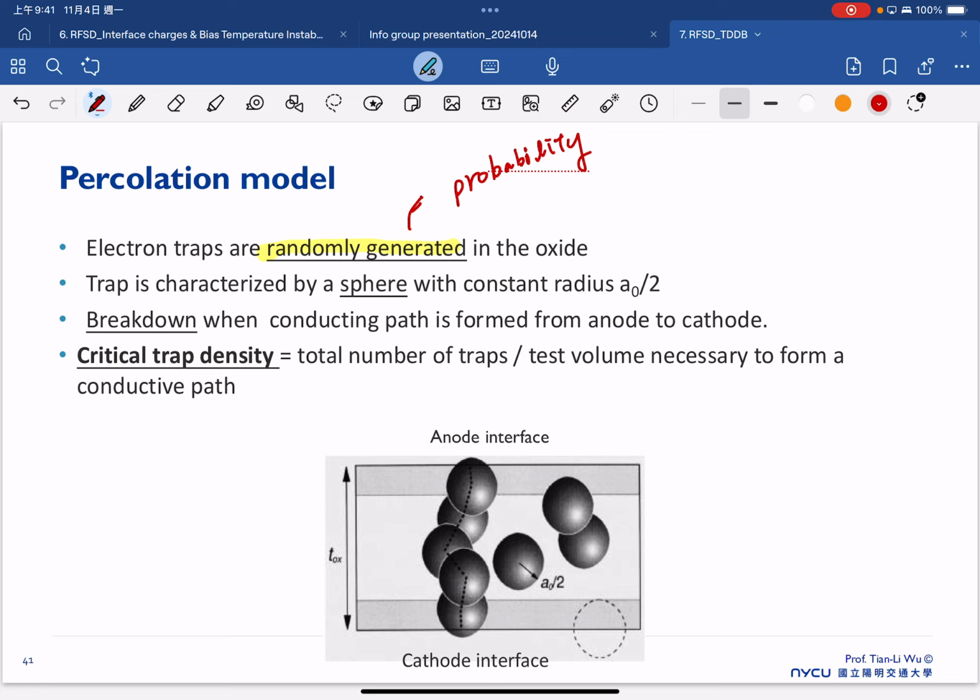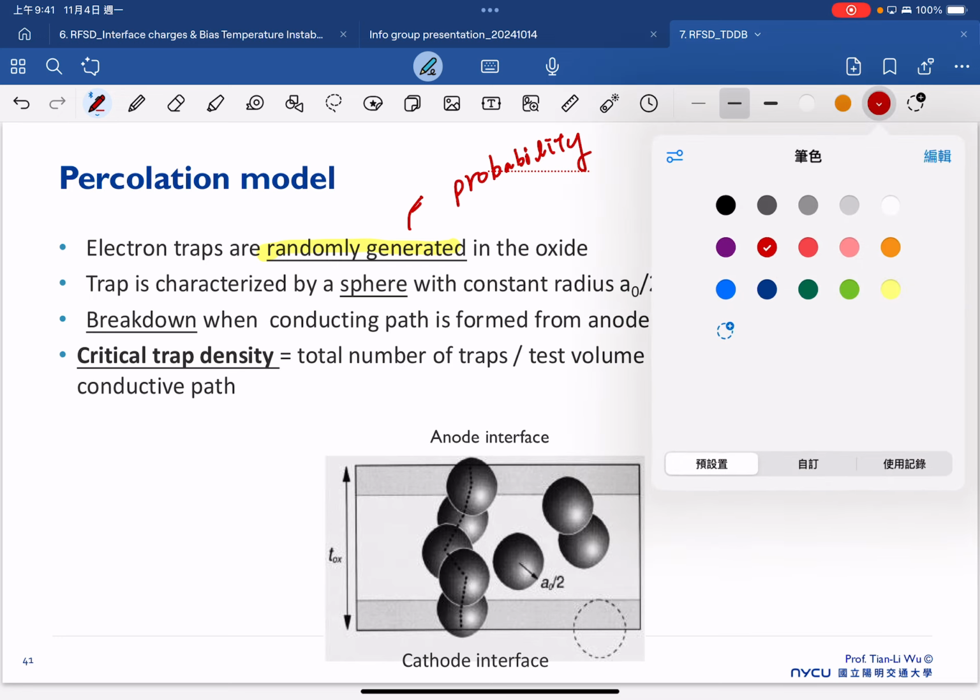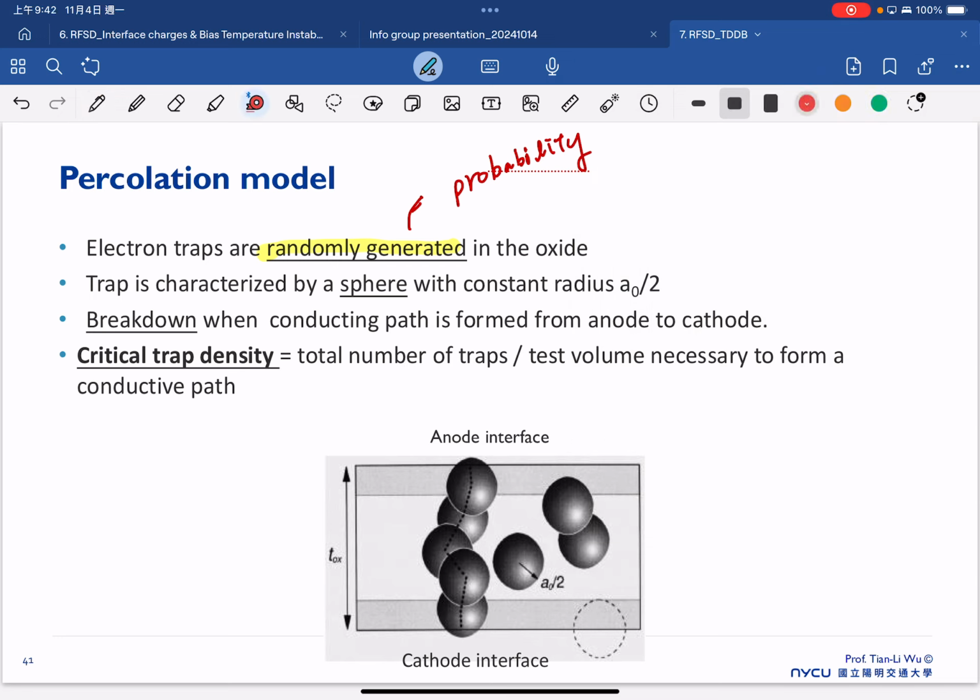Therefore, if we have a dielectric as shown here, since the traps are randomly generated during the stress, if we apply the stress on this side, we can see the defects or traps randomly generated.